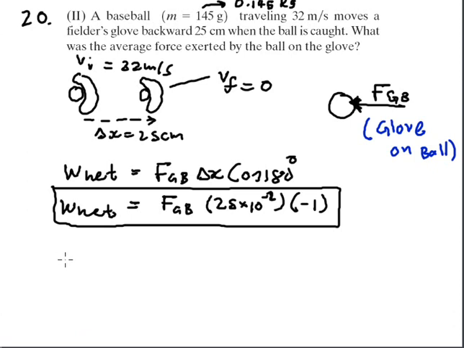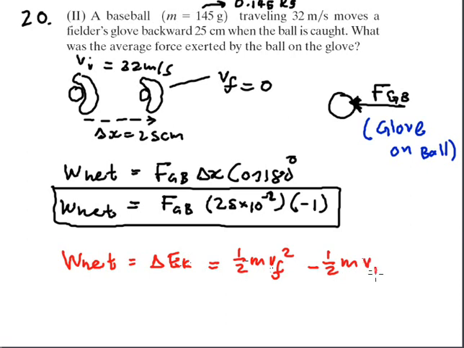So we also know that the net work done is equal to the change in the kinetic energy, which is simply equal to a half times mass times final velocity squared minus half times the mass times the initial velocity squared. So when we start to plug in the values, what do we get? Well, we get W net is simply equal to half times the mass.